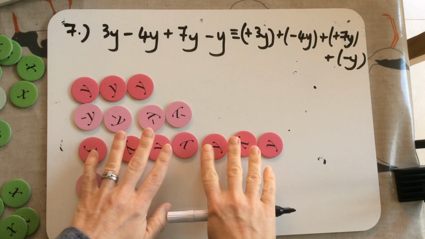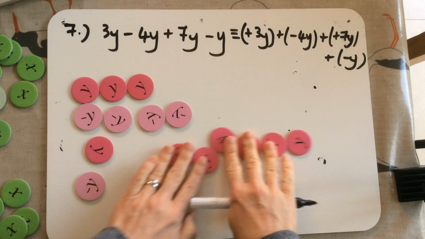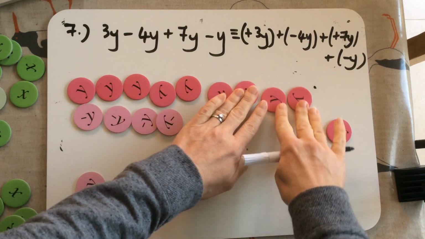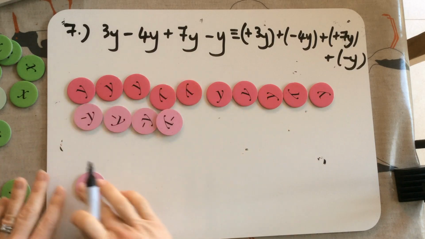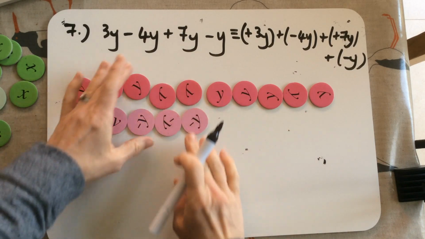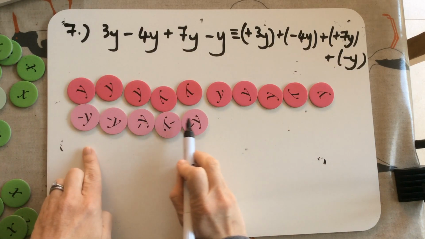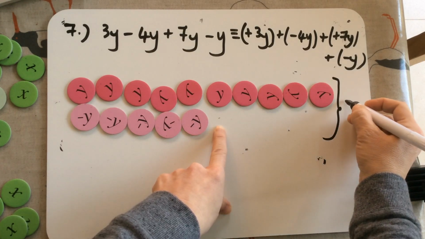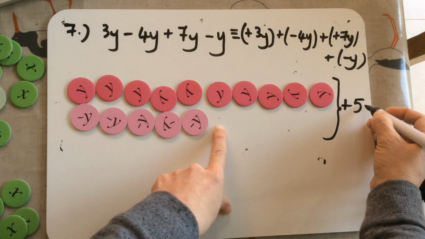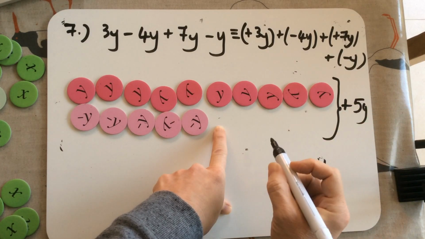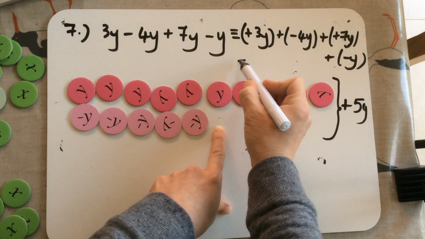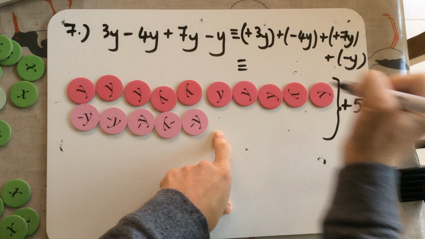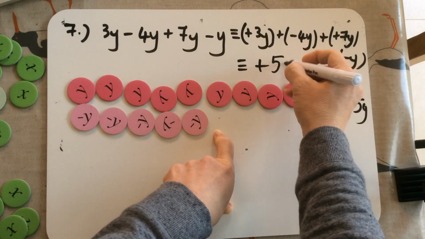And the way I'm going to think of this is to collect together my positive y's, and then collect together my negative y's, and then look for my 0 pairs, and now I have 5, and then sum what's left. So I'm left with positive 5y. So 3y add 7y, subtract 4y, subtract y is positive 5y.